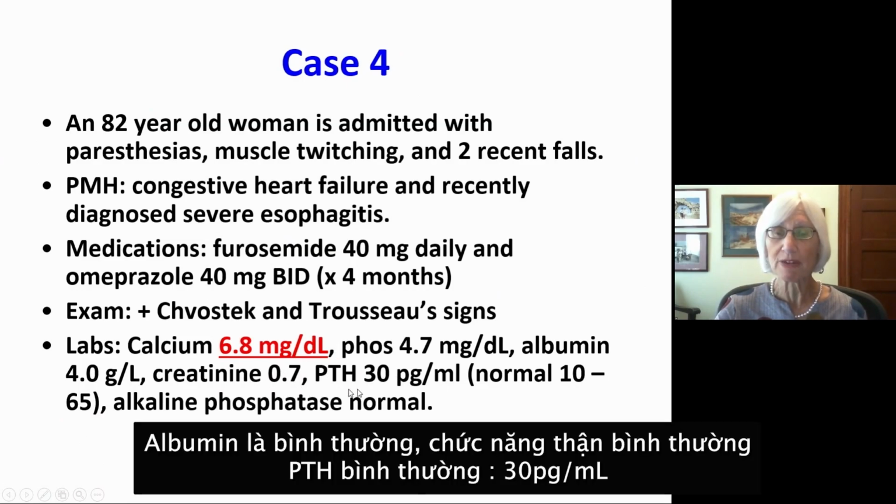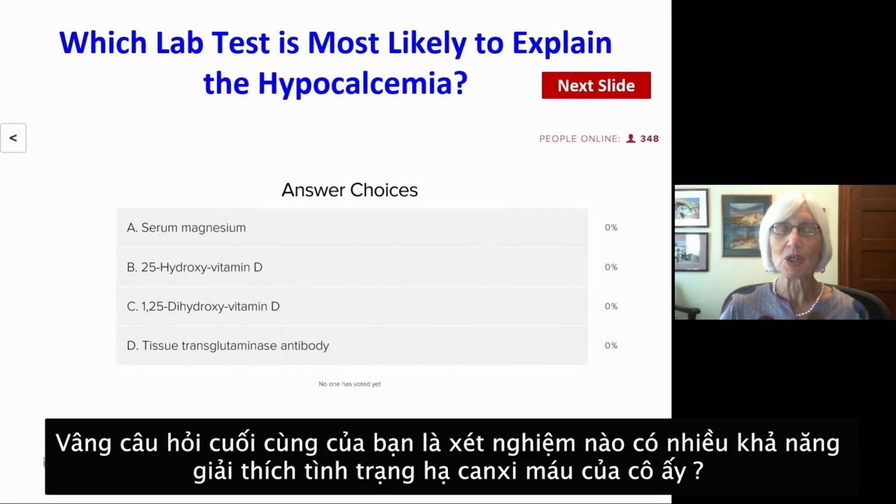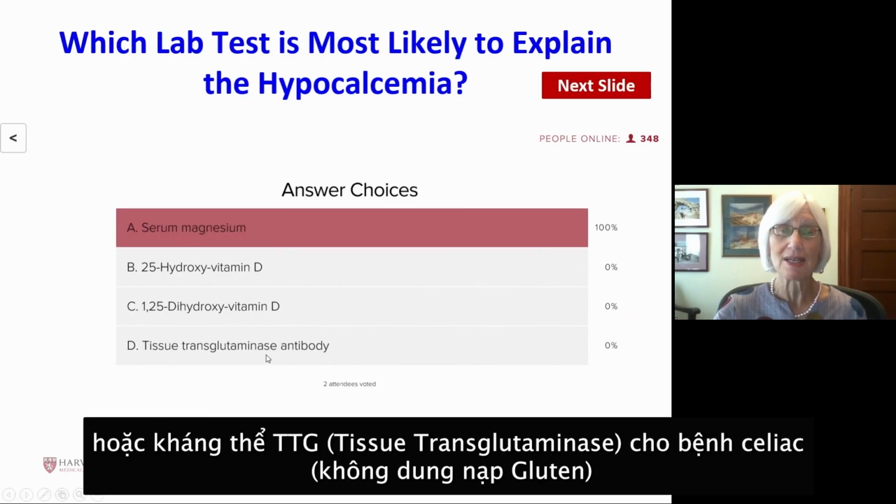Albumin is normal, renal function is normal, PTH is normal at 30, and her alk phos is normal. So your last question: which lab test is most likely to explain her hypocalcemia? Would it be serum magnesium, 25D, 125D, or a TTG antibody for celiac disease?